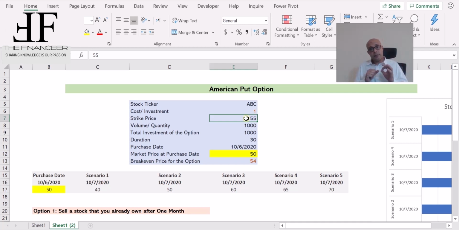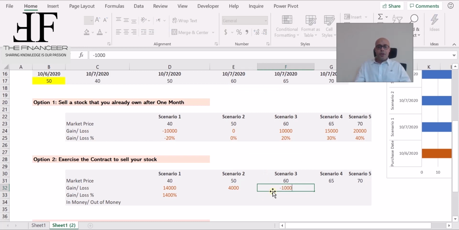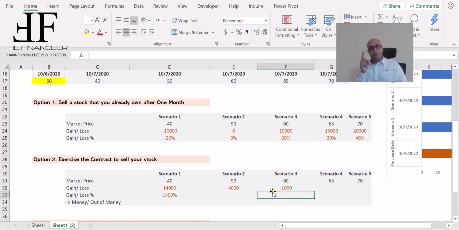In this case, you achieved a loss, and this loss equals the amount of the investment that you paid originally to purchase this put option contract, which is how much? $1,000. So in this scenario, I will not exercise the option and I will lose the $1,000 that I paid to purchase this put option contract in the beginning. So this is your loss.